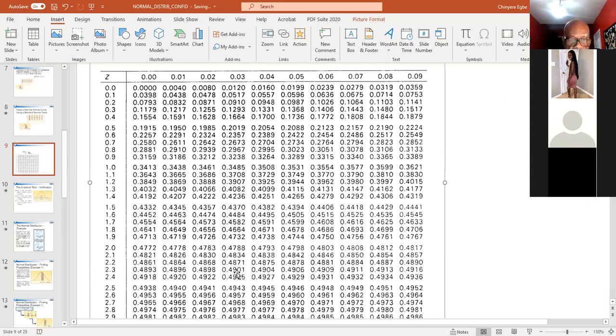2.3 what? Can you repeat that, please? 49%. This is 0.4901. What value of Z does it correspond to?